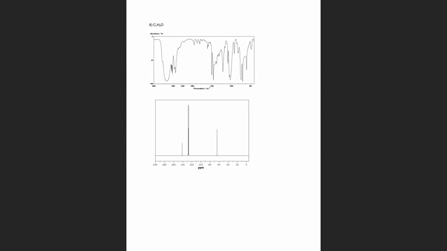I'll go over this real quick, but if we do our degrees of unsaturation, we would do 7 times 2, which is 14, plus 2, that's 16. 16 minus 8 is 8. Divide that by 2, we should get 4. So for degrees of unsaturation, you could say that that is a benzene ring.